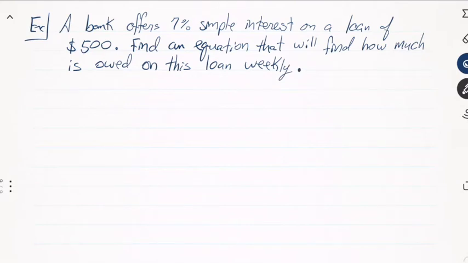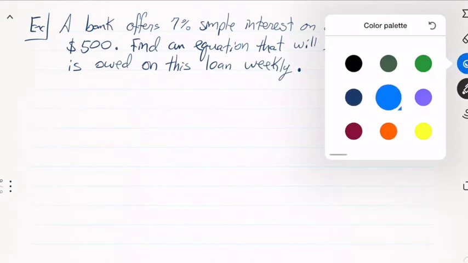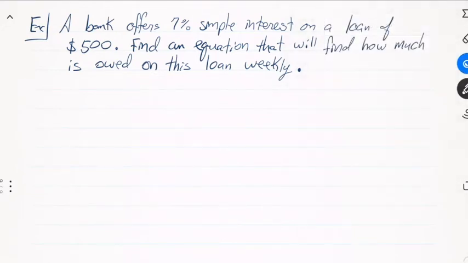So a bank offers 7% simple interest on a loan of $500. What we want to do is find an equation that will find how much is owed based on a time frame of weekly. So the best thing to do here is to create coordinates so that we can find the slope, and then we can find the equation of the line.